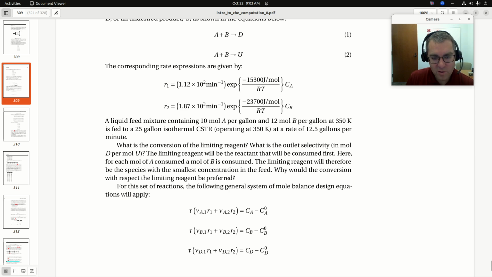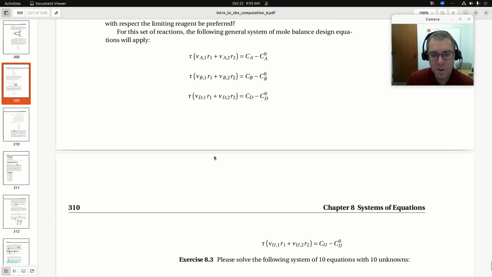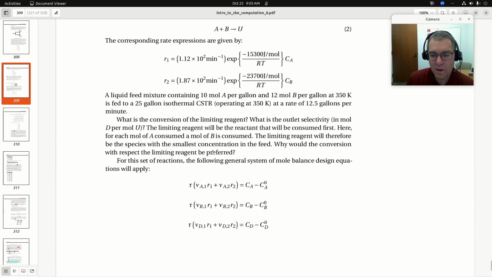For this set of reactions, the following general system of mole balance design equations will apply. So here I have my mole balance design equation for my CSTR for each species, A, B, C, D, and U. Again, there's material earlier on CSTRs. Tau is my space-time or mean residence time, the mean time that a fluid element remains in my reactor.